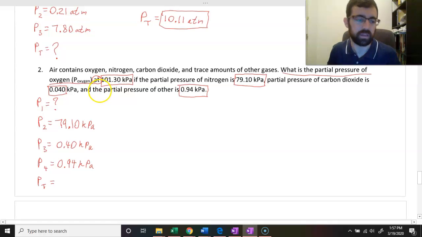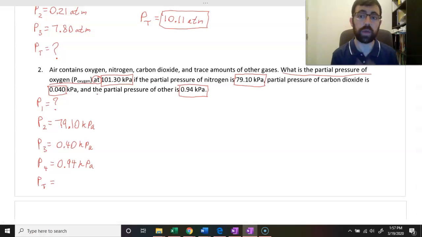So it would say at an air pressure of 101.3 kPa. Or maybe it would say the total pressure is 101.3 kPa. Or it could say the pressure of the mixture is 101.3 kPa. Bottom line, if it's saying the pressure of the mixture, the pressure of all of the gases, the total pressure, or the air pressure, that's all talking about total pressure.